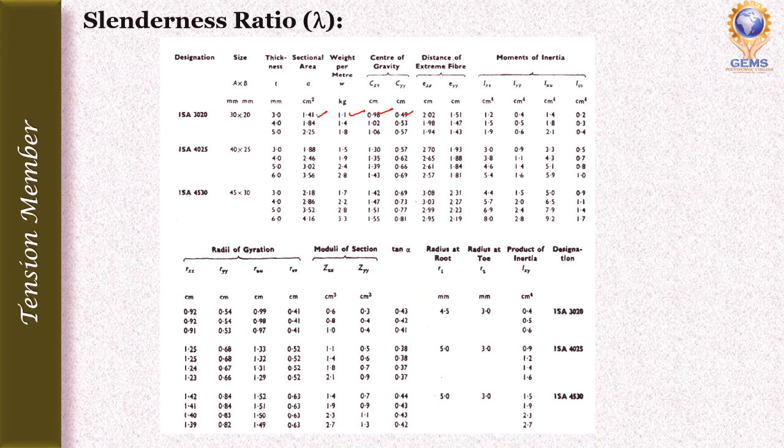In this, there are 4 radii of gyration. From these 4, we have to choose the least radius of gyration. So what is the least radius of gyration here? 0.41 is the least radius of gyration. Then your lambda is equal to supported length by least radius of gyration.